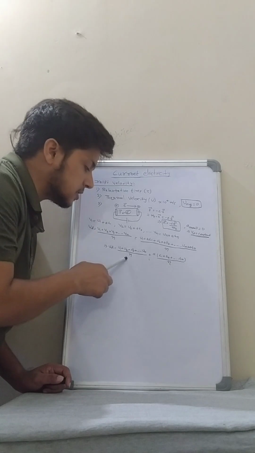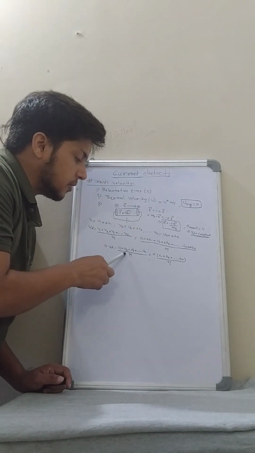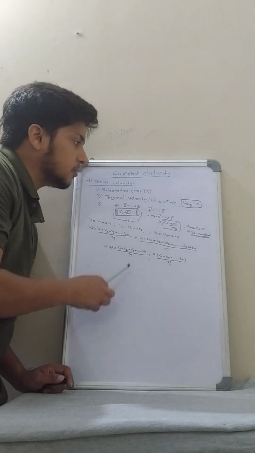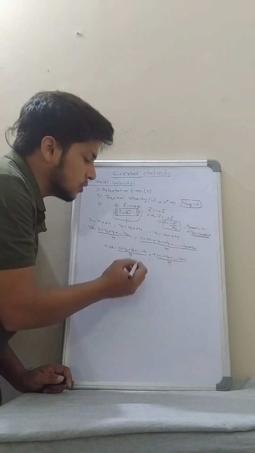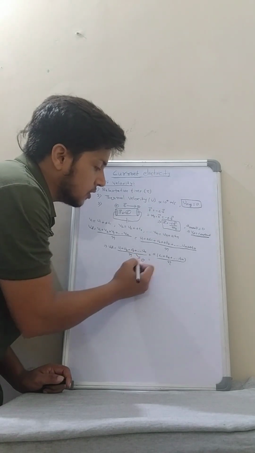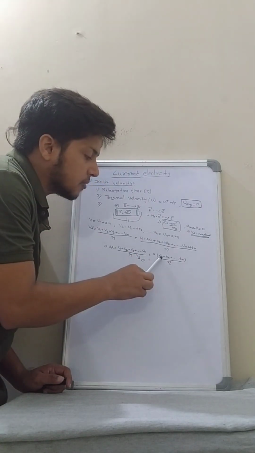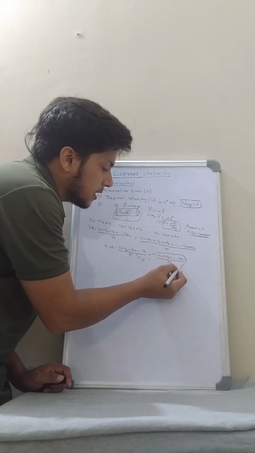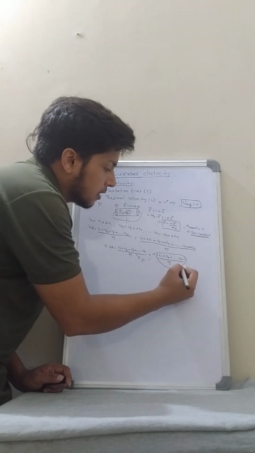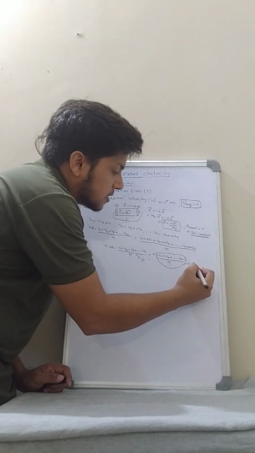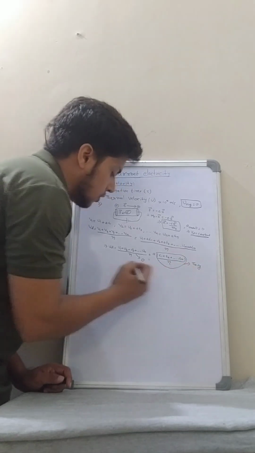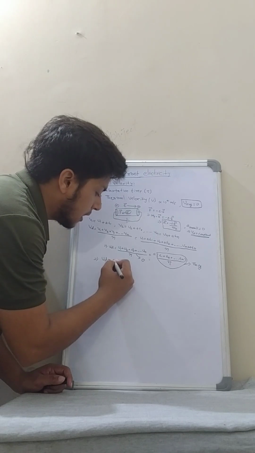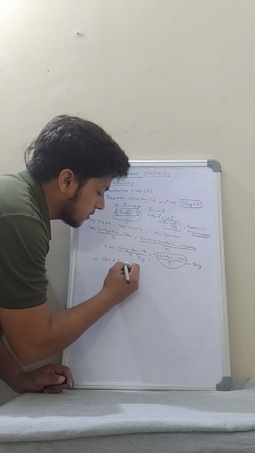The first term is the average thermal velocity, and we had seen that average thermal velocity is 0, so this term becomes 0. The second term is the average of relaxation time, called tau average. So we see Vd equals a into tau average.